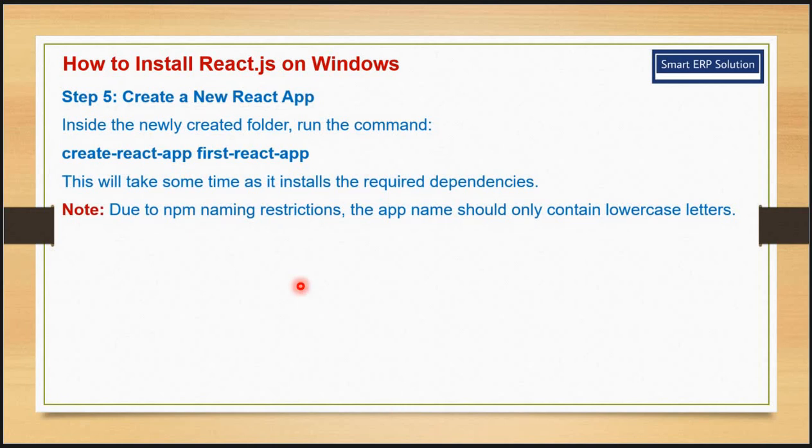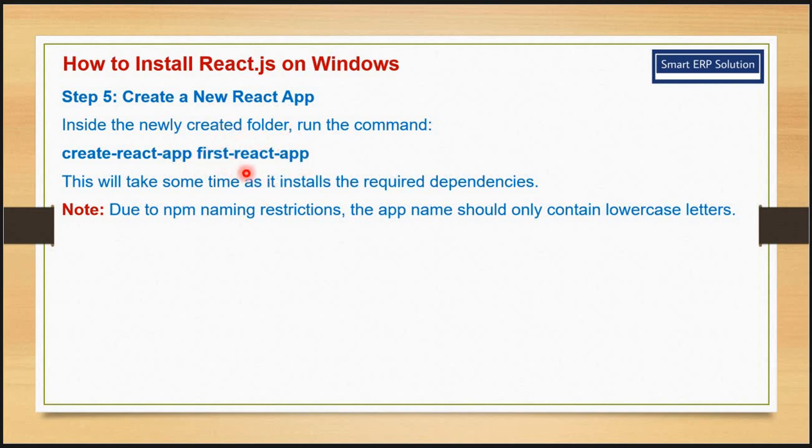Step 5, you need to create a new React app. Inside the newly created folder, run this command. This will take some time as it installs the required dependencies. Note, due to npm naming restrictions, the app name should only contain lowercase letters. So, first React app, this will be your app name.